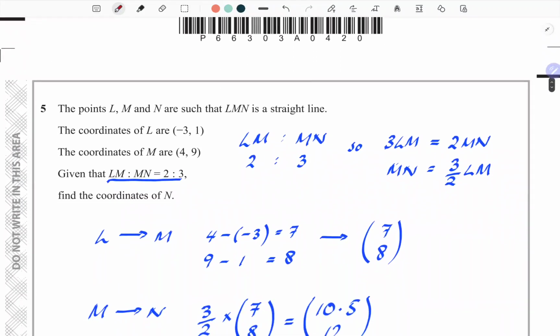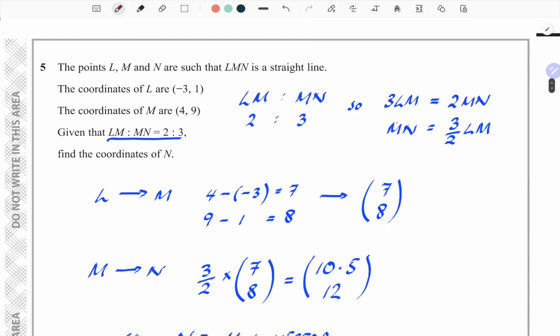Right. Number 5. The points L, M, and N are such that they are all on a straight line. Okay. And just as a schematic, let me show what's going on here. So imagine you've got L and you've got M and you've got N. All right.